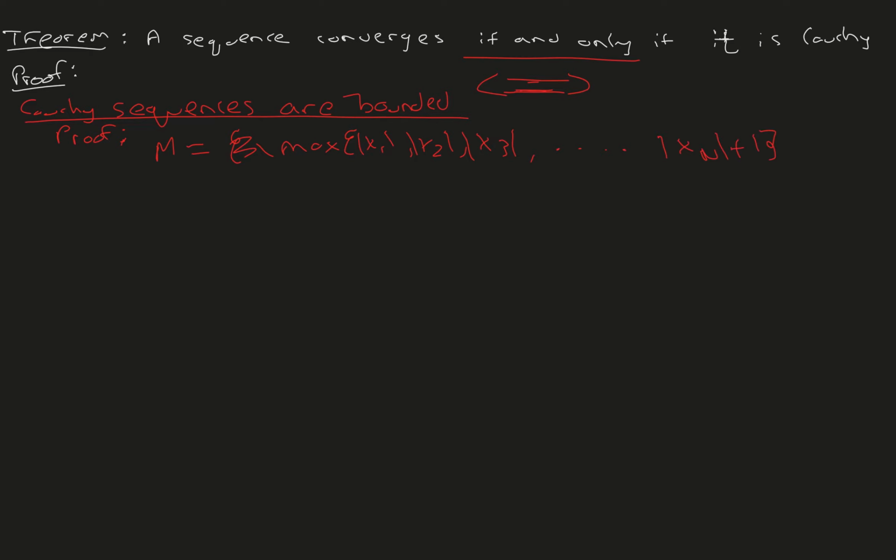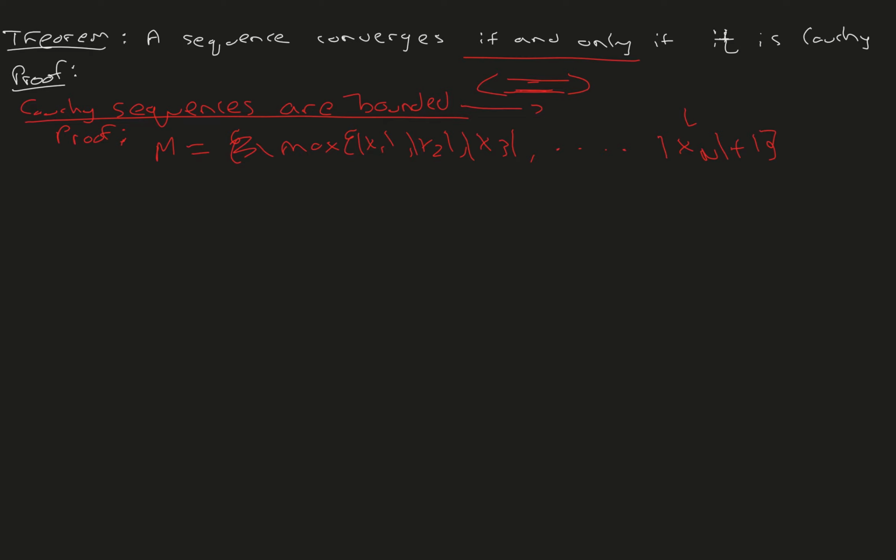If you guys are not comfortable with this proof, I suggest you go back and watch the video on bounded sequences, because the proof is very similar, with a few differences, such as instead of L plus 1 we have x_N plus 1. So now we know Cauchy sequences are bounded.